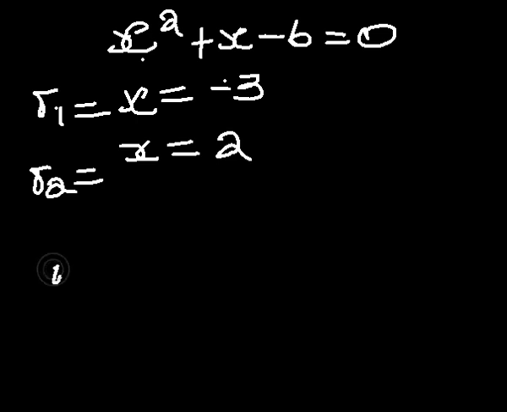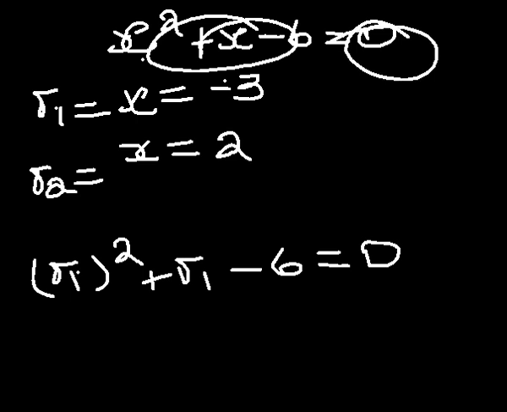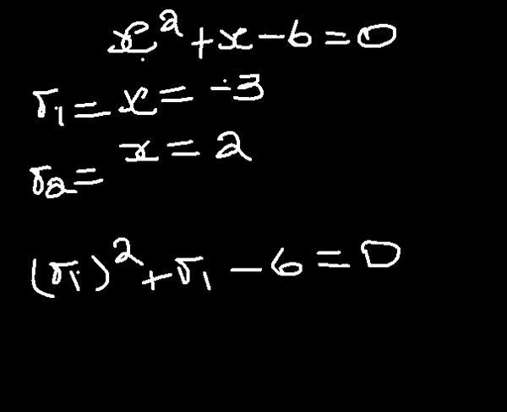Let's say we have root 1 to the power 2 plus root 1 minus 6 is equal to 0. Will it be equal to 0? We have to see if this side is the same as this side.